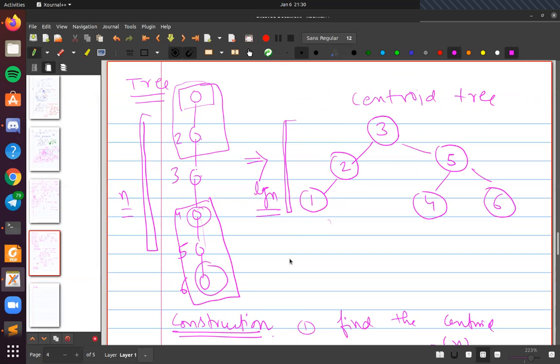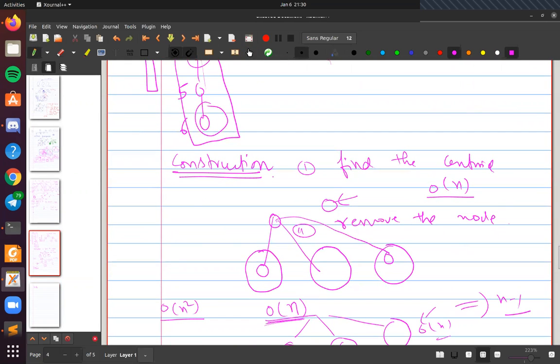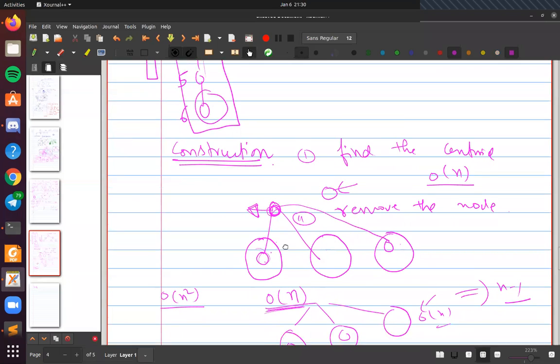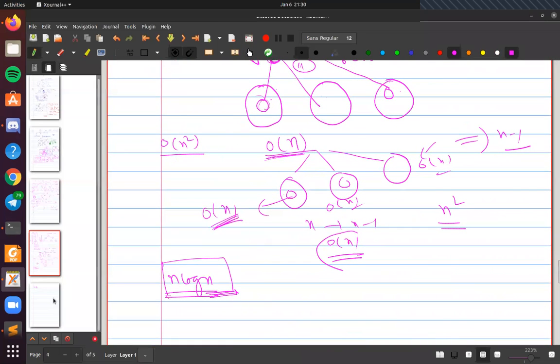The process is this: find the centroid, remove the centroid, do the same for all the trees formed, connect their centroid to the centroid which you have found for the entire tree, and repeat the process. I will prove that the construction will be n log n.